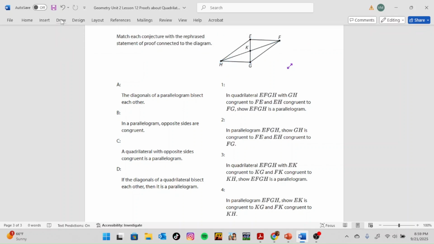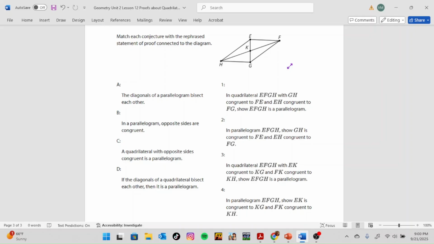Now, if we read through these, number 1 talks about GH congruent to FE. Well, GH is the line along the bottom, and FE is the line along the top.